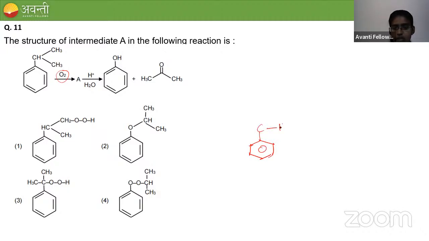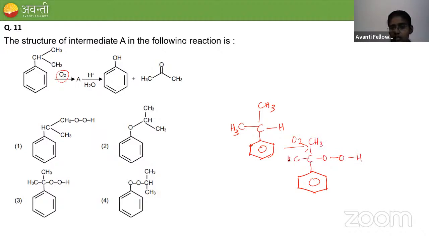So CH bond is there, and two CH3 groups we are having. To this CH bond, we have to insert the oxygen. Okay. So what type of structure we'll get? We'll get COOH and 2CH3 will be present here.